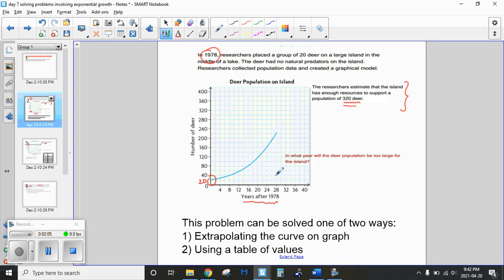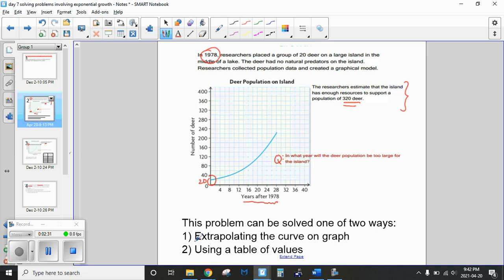And the question that we're going to be answering is, in what year will the deer population be too large for the island? So really, when is it hitting 320 or higher? So here we have a graph to work with, which makes things a lot easier. We have two options. We can extrapolate the curve on the graph.